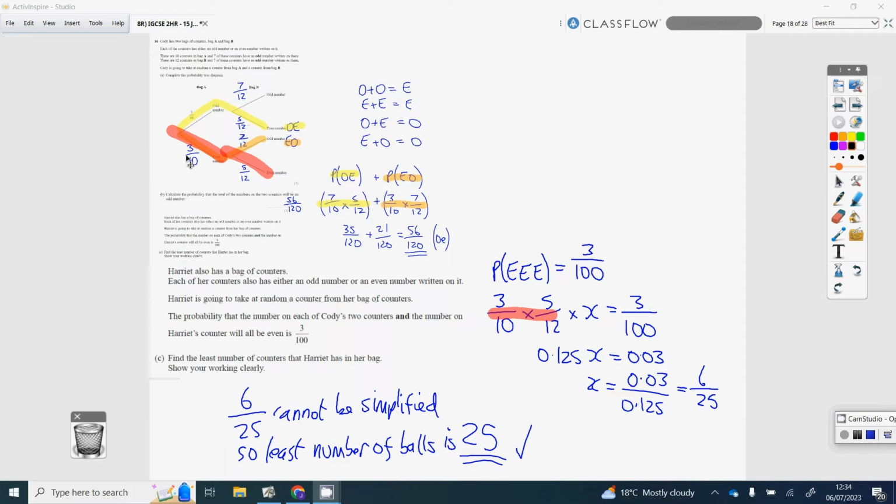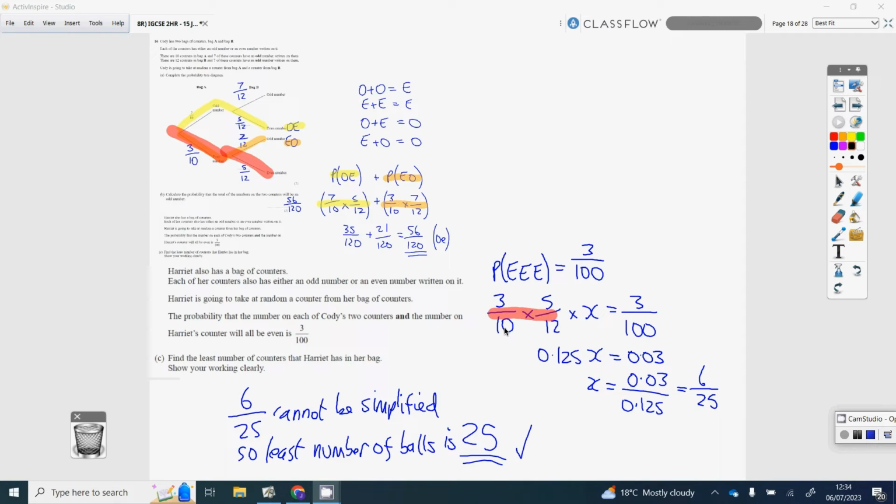Now, looking back to our tree diagram from part A, we can see for Cody the probability of an even and then another even is 3 over 10 times 5 over 12. And then multiplying that by the unknown probability that Harriet gets an even, we get 3 over 100. So yet another example on this paper where we've constructed an equation that we have to solve.